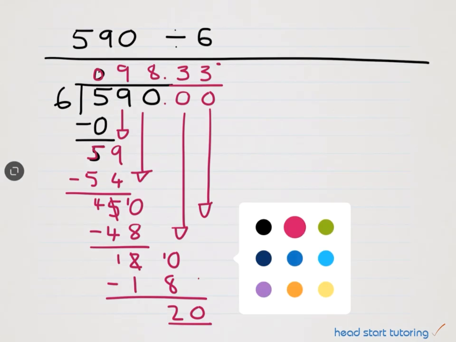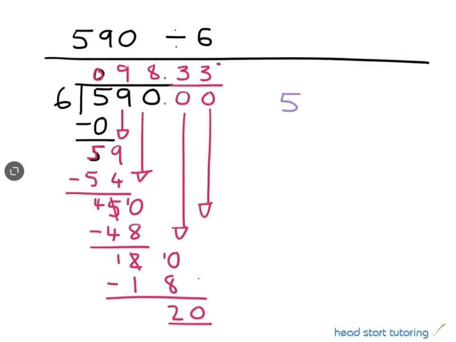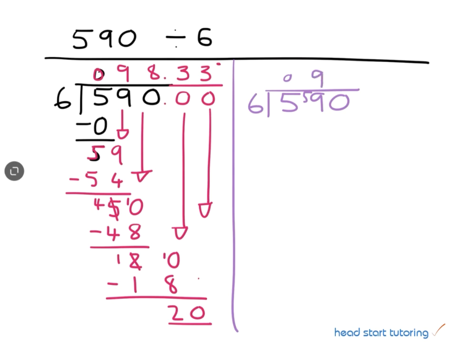Now, if we do this example again, the short division way, so if we've got 6 into 5 doesn't go, and we take our 5 over there. 6 into 59 goes 9 times. 9 times 6 is 54. The remainder is 5. 6 into 50 goes 8 times, and then we can just say a remainder of 2.